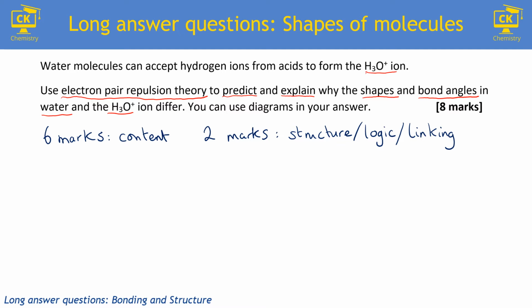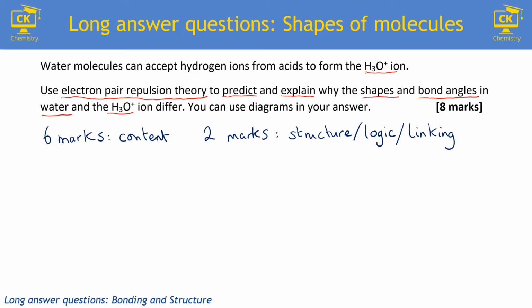So it's a common misconception that, for example, if we have this kind of very long answer question, that we must have to write everything in full sentences, that we can't get marks unless everything is super grammatically correct. This question's not really about grammar, although obviously it does help because it makes your writing more understandable. This question is about the logic and the way that things are linked together.